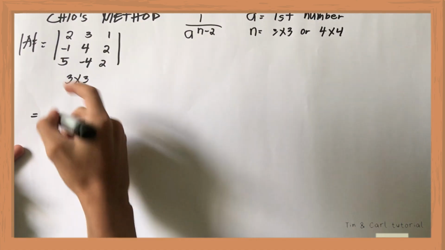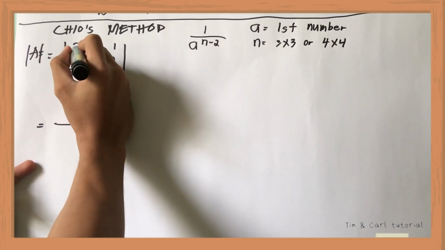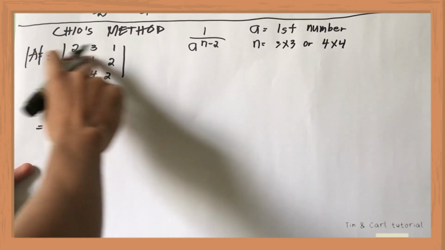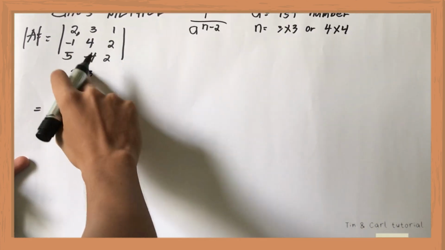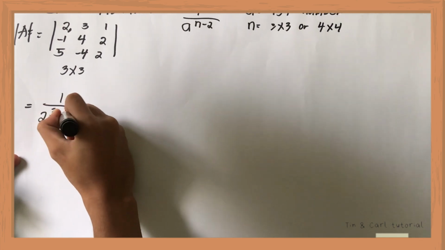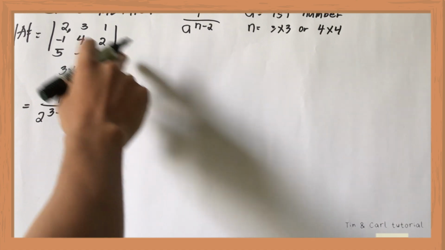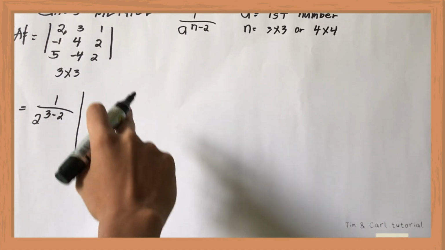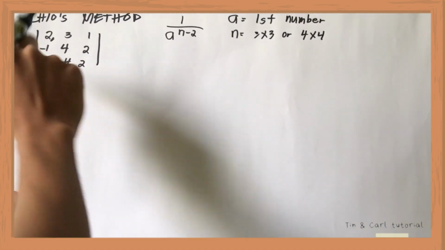Equals to, sulat muna natin tong formula. 1 over, yung first number ay 2. Ito yung first number niya. So, 2. Yung n naman natin is 3x3, which is 3 minus 2. Itong 3x3 na to ay gagawin natin tig to 2x2 while using yung mga first number nila. 2, negative 1.